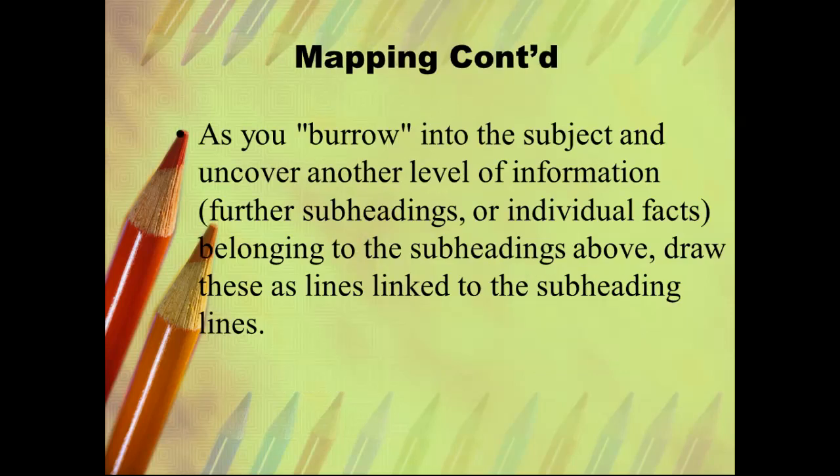As you burrow into the different subjects and uncover more subheadings and individual facts, you can write them next to the subheadings, but you can also connect the subheadings and link them together. So if two specific subheadings relate, you can draw a line between those two circles. You also want to be really cognizant of where you're putting those related subheadings.